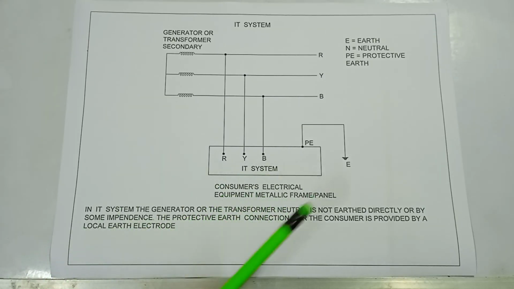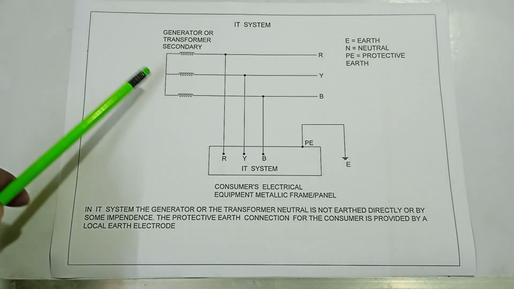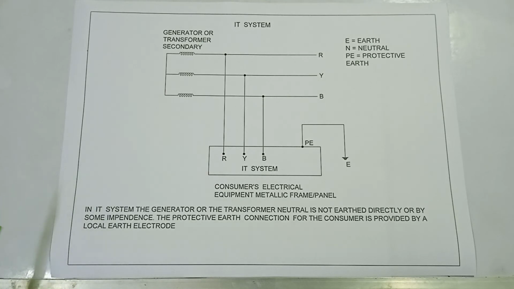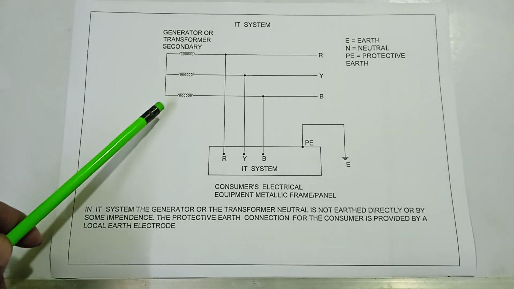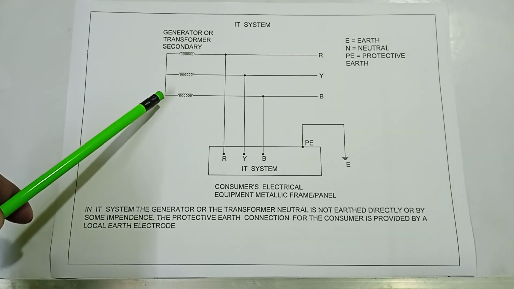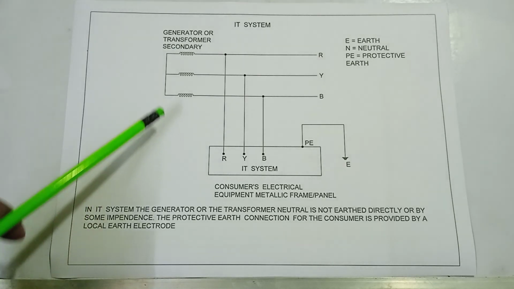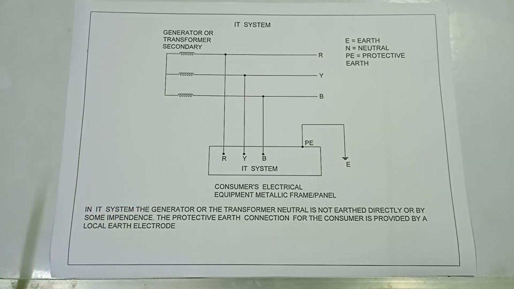This is the IT system. In the IT system, the generator or the transformer neutral is not earthed. No earthing. Completely insulated, no earthing is there.